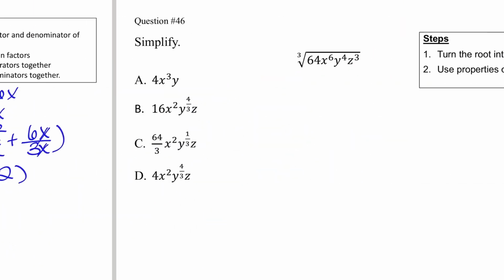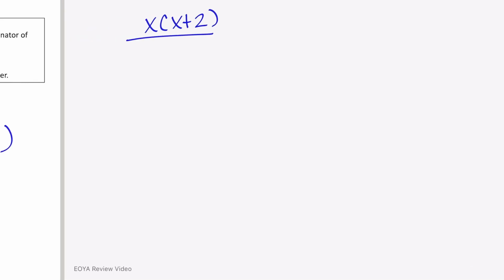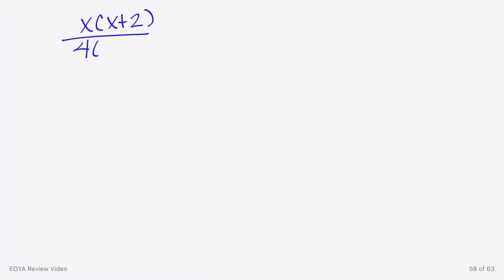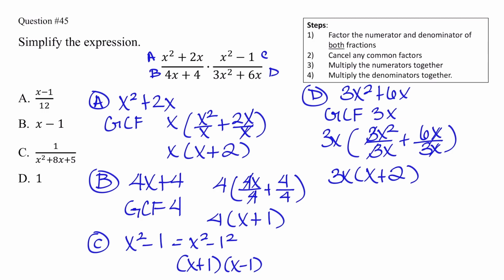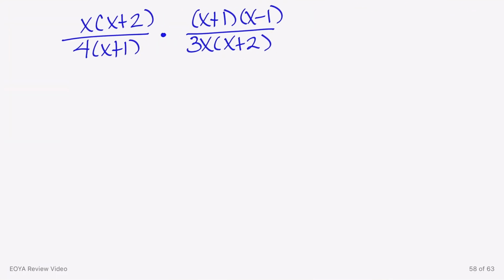Okay, so let's plug everything back in. So we have, let's see, in A, we have x times x plus 2. In B, we have 4 times x plus 1 times, and then we have x plus 1 times x minus 1. And then in D, we have 3x times x plus 2. So that's all the factors we had. So now we're going to cancel any common factors as long as they're on opposite sides of the fraction.